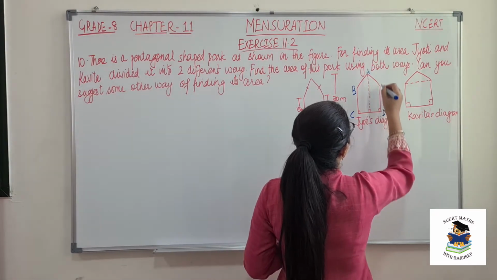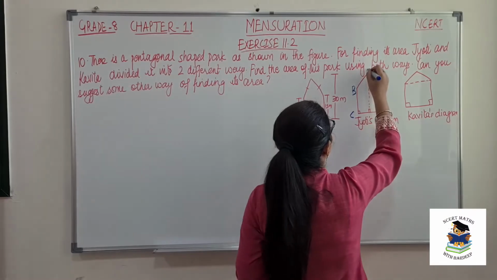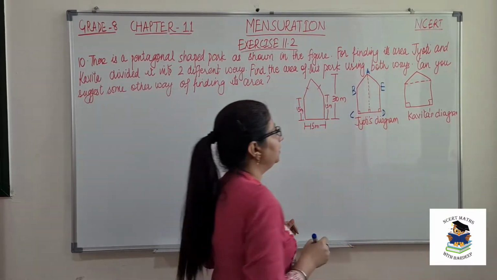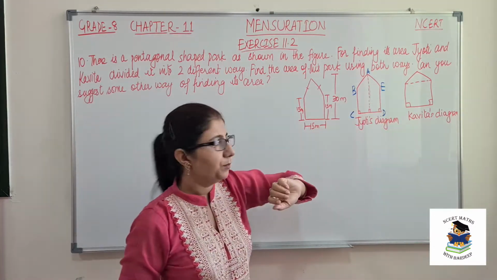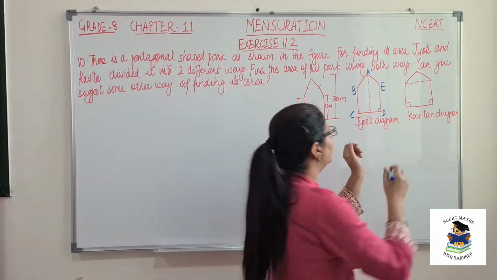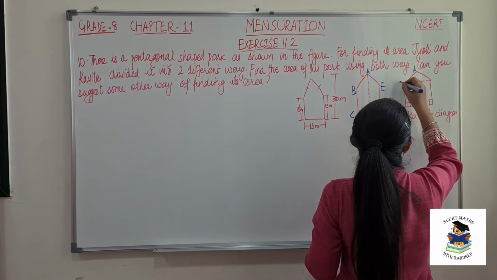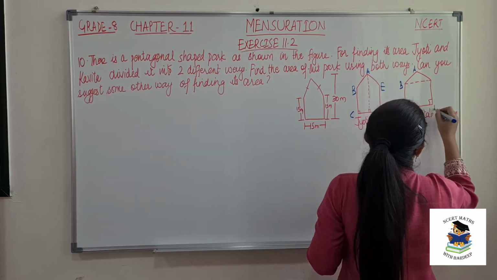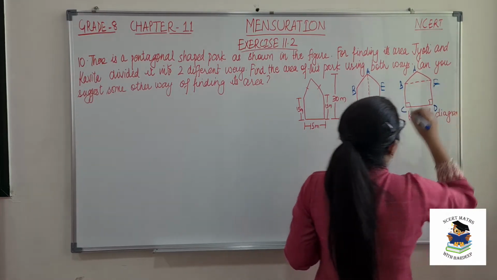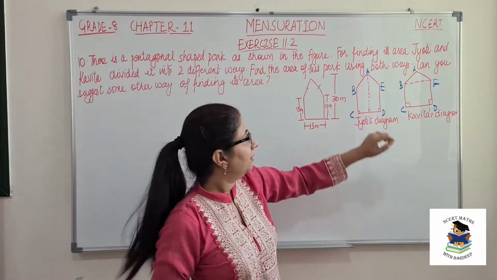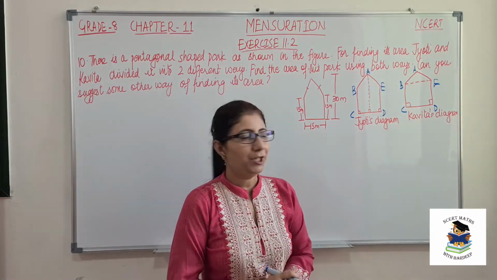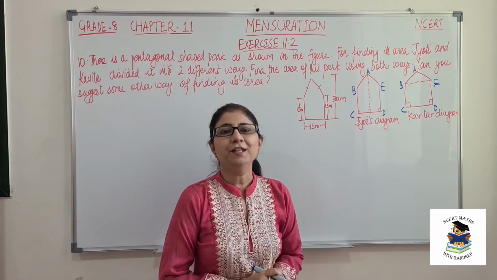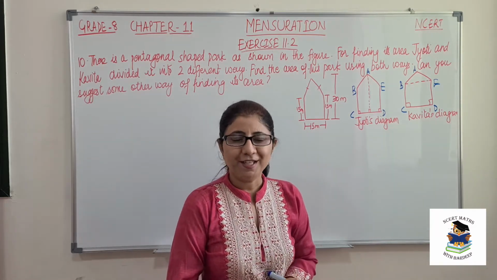Let's name it as A, B, C, D, E. So this is one trapezium, this is the second trapezium, but Kavita has divided this into a triangle and a square. Let's find the area of this pentagonal shape in both ways and see whether the areas are the same or not.